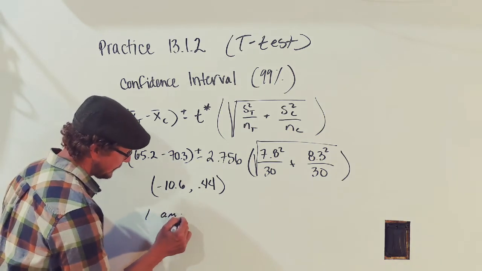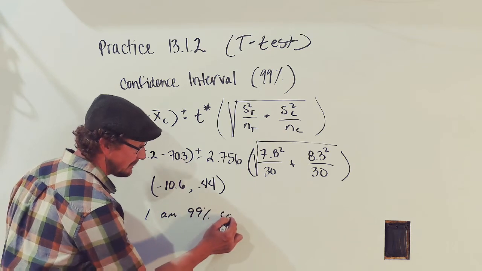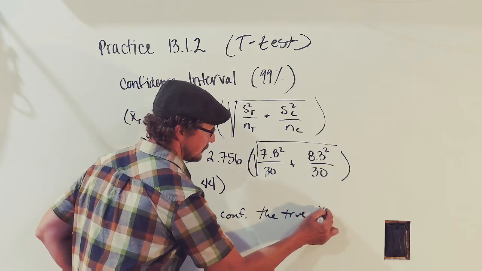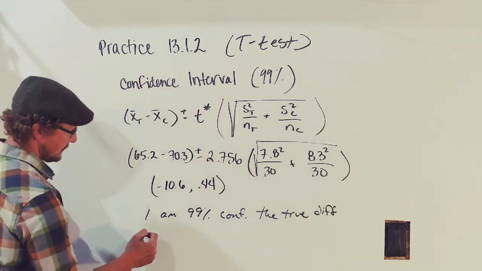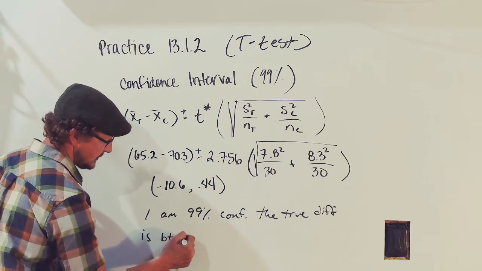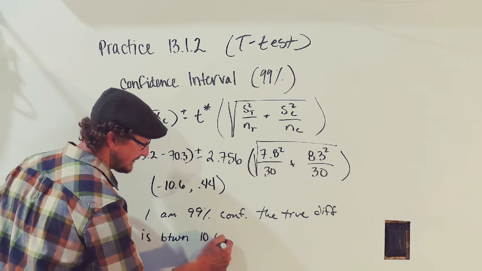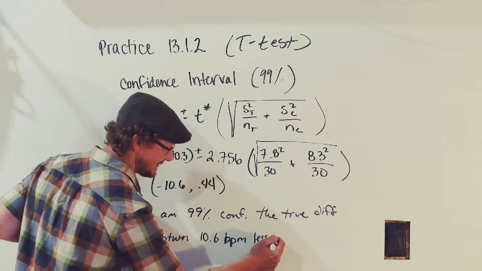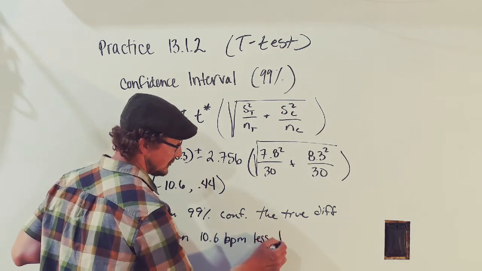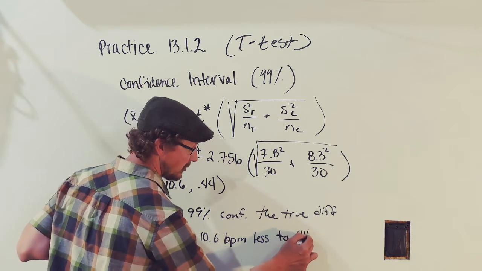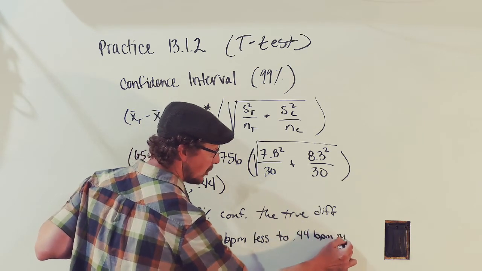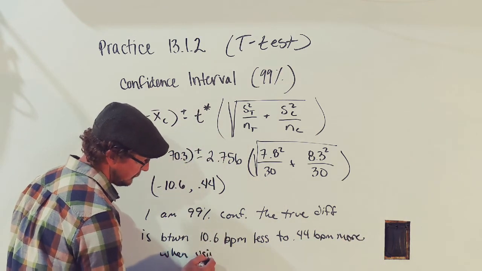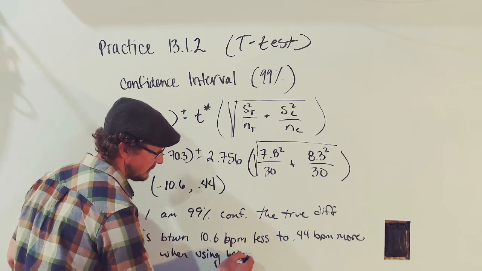So I am 99% confident the true difference is between 10.6 beats per minute less to 0.44 beats per minute more when using beta blockers.